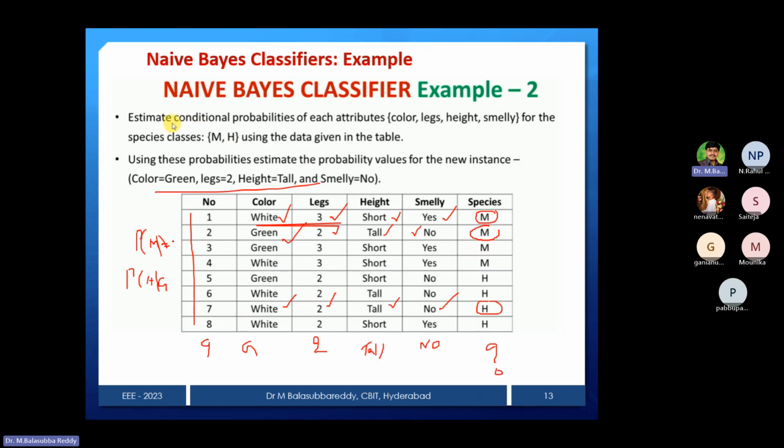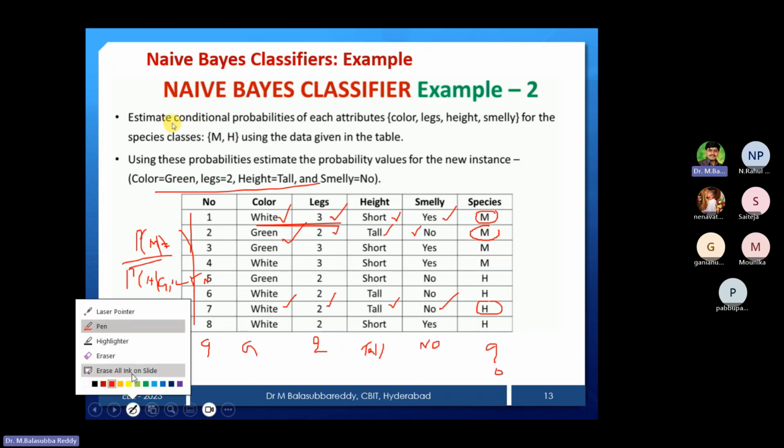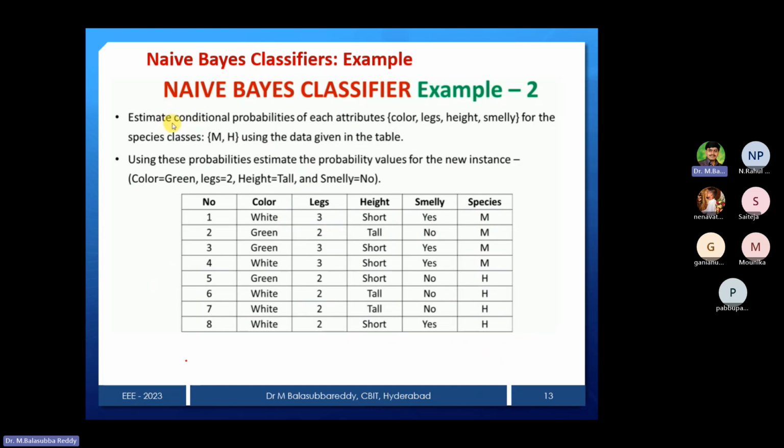Green in both cases, legs are two, height is tall, smelly is no. Like this, what is your probability? In that case, we can easily identify the conditions and the answers.